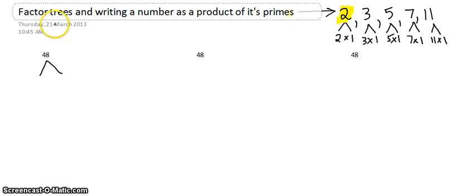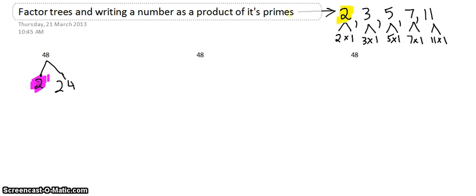So we can start by going 2, and we know 2 times 24 gives 48, and we make sure that those numbers are attached to the lines that branch out from 48. Now 2 is a prime number, so I'm going to use pink here to highlight it to say that we don't take that number any further.